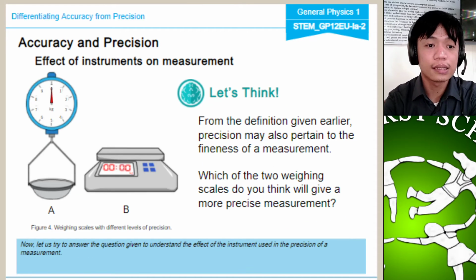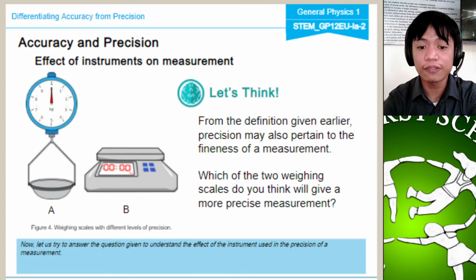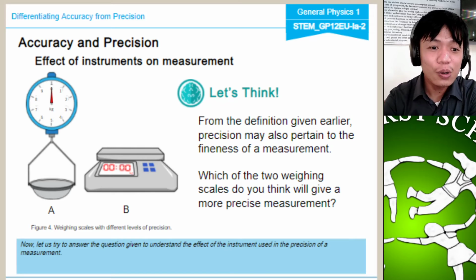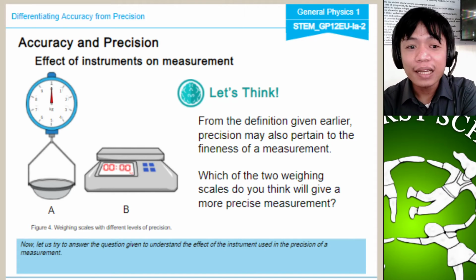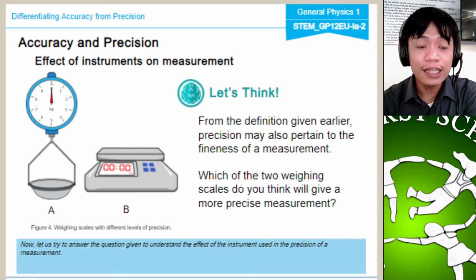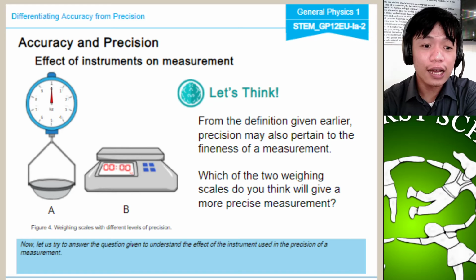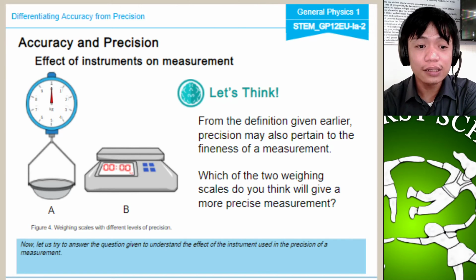So, next. From the definition given earlier, precision may also pertain to the fineness of the measurement. Now, the question is, which of the two weighing scale do you think will give a more precise measurement? So, yung kanina, yes, sa ating letter A, which is the standard weighing scale, meron tayong standard and a digital weighing scale.